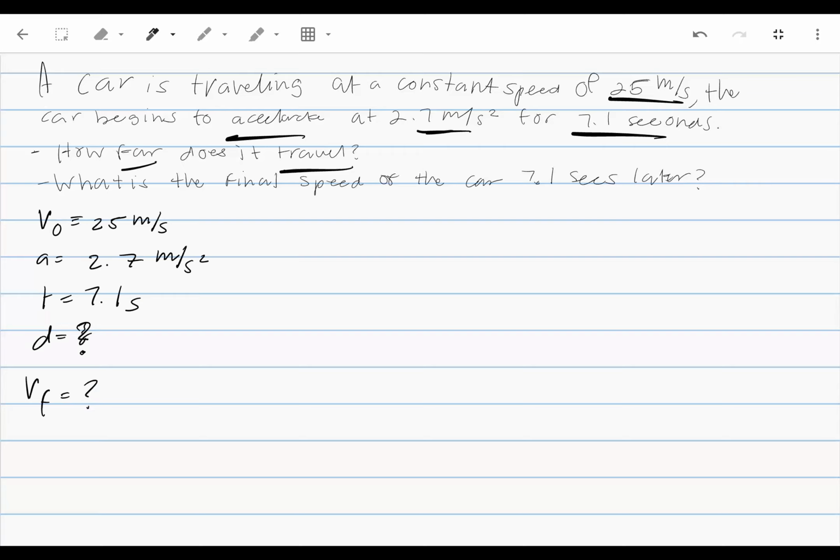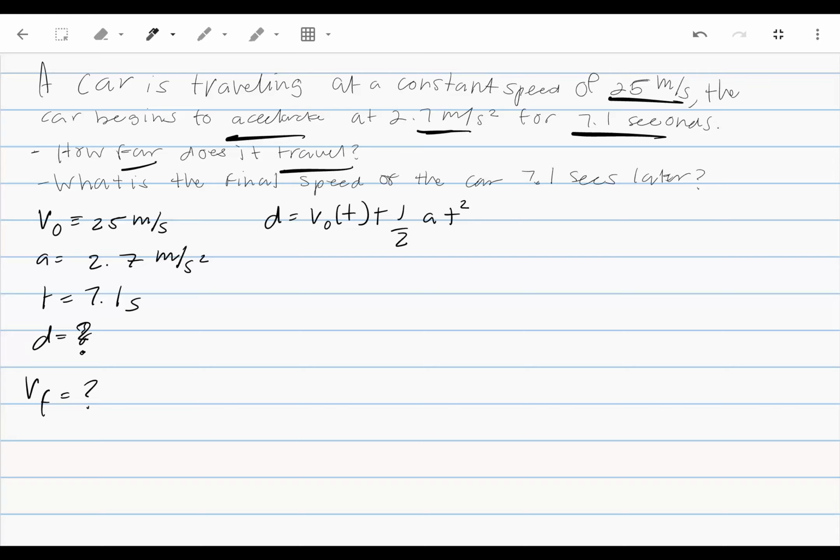Again, you want to look for an equation that has all of your variables included. So we have this equation: distance equals initial velocity times time plus 1/2 times acceleration times time squared. So again, you're plugging in all the variables you have.